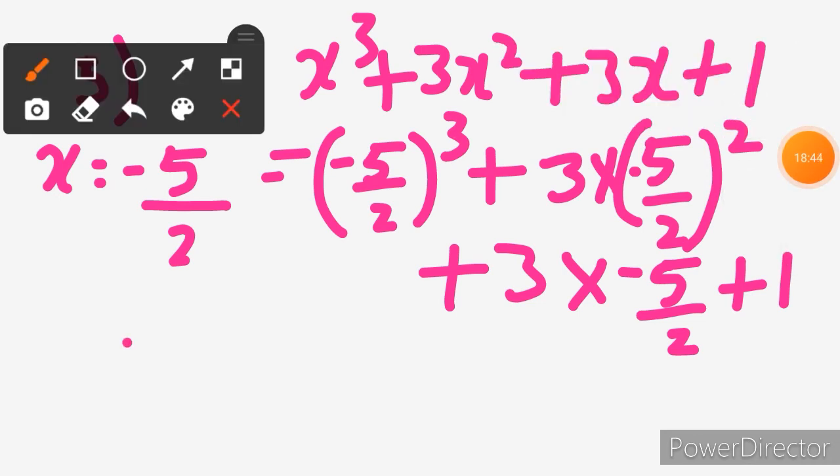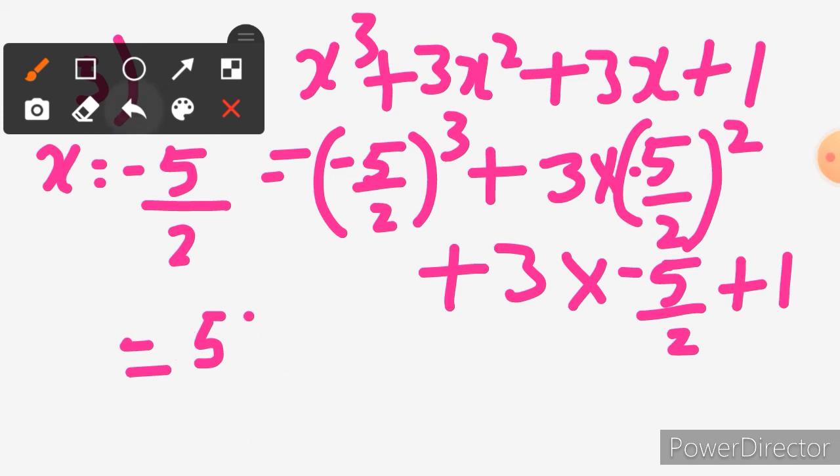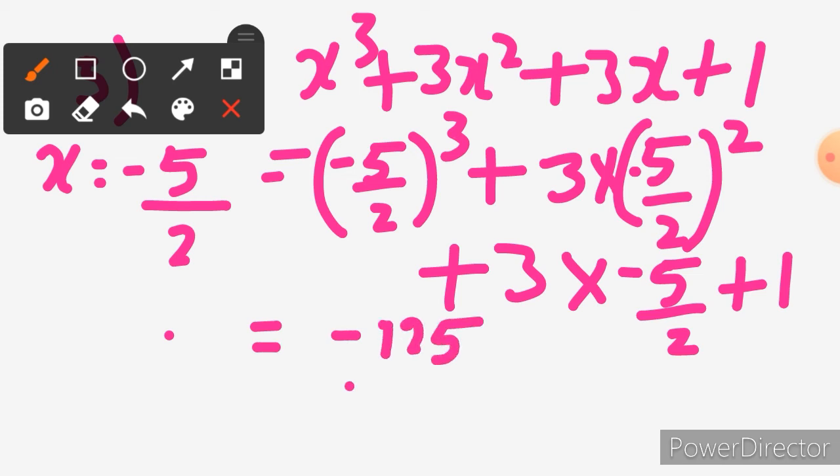So now let me solve the first term, minus 5 by 2 whole cube. If I multiply minus 5 three times, 5 5s are 25, 25 5s are 125. So I write it with the negative sign, because an odd power always gives us a negative answer.